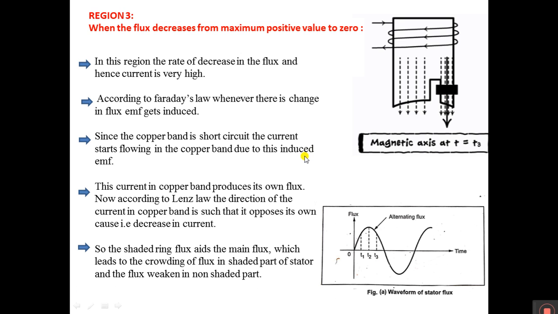So the shaded ring flux aids the main flux, which leads to crowding of flux in the shaded part. See the diagram? Most of the flux is in the shaded part of the stator and the flux weakens in the non-shaded part. In the unshaded part, flux is less and here flux is more. Right?